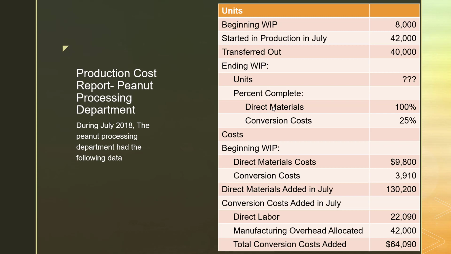We still have some peanuts going through the chain that maybe aren't shelled, maybe they're not properly roasted, maybe they're not seasoned the way that we want them to be. We're still working on them when the period ends. But those units are completely done for direct materials, but they're only a quarter done for conversion costs. So we still have some actual labor and overhead to incur to finish processing those peanuts.